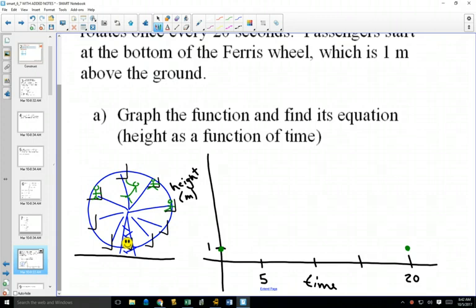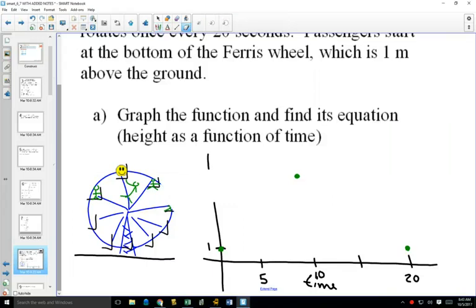Where will you be at 10 seconds? Right? 10 seconds, you'll be halfway. Woohoo! That's the exciting part. As a kid, I don't know if you've ever been on a Ferris wheel, but as a kid, it was always exciting when it stopped and you were right at the top. You hated that? That was too scary? So at 10, how high will you be?